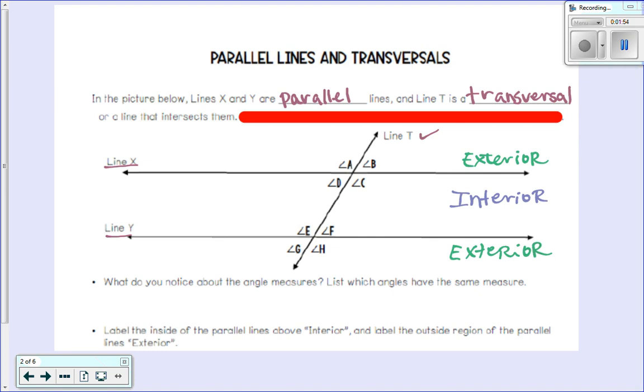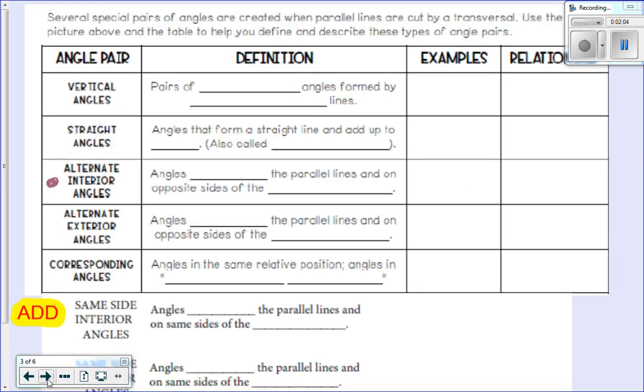And we have several vocabulary words right below that we're going to go and label on our parallel lines and transversals. The first two you've already had, so that's good. The first one is vertical angles. It's a pair of opposite angles formed by intersecting lines.